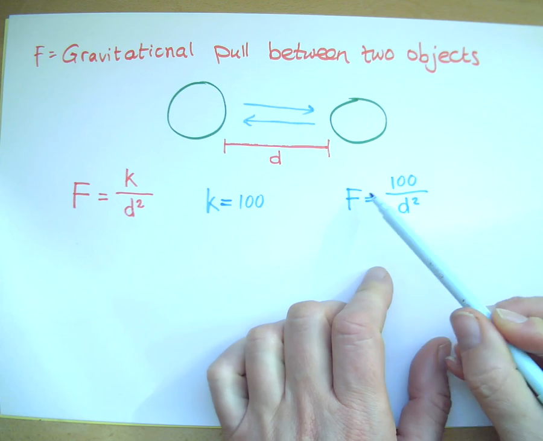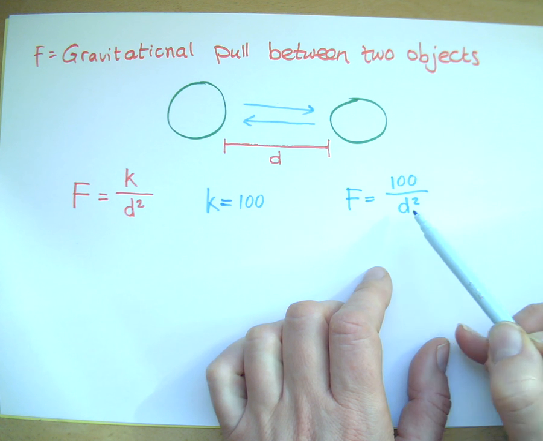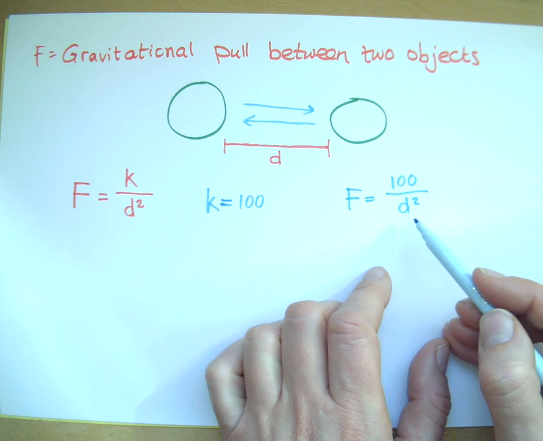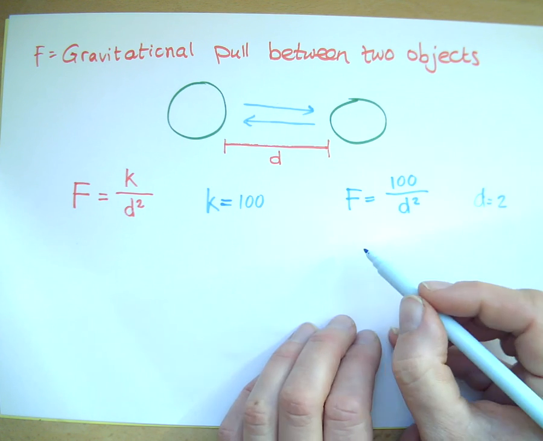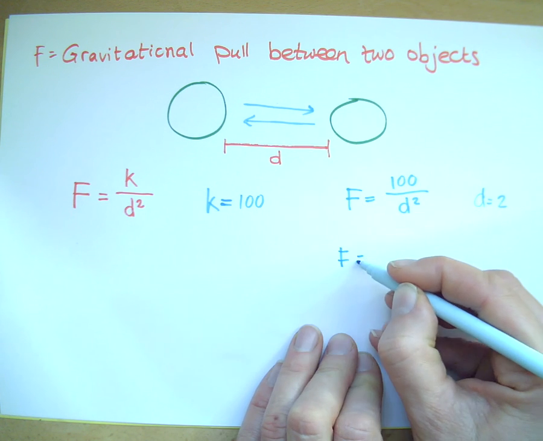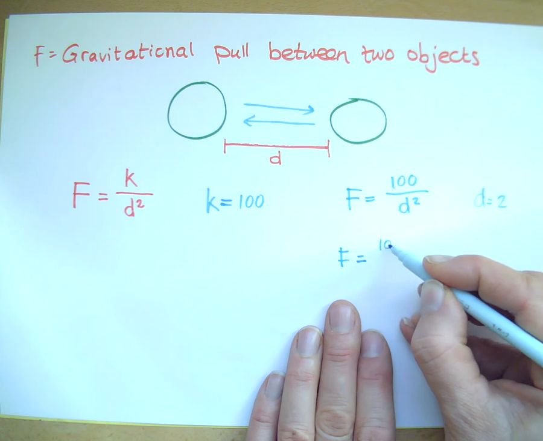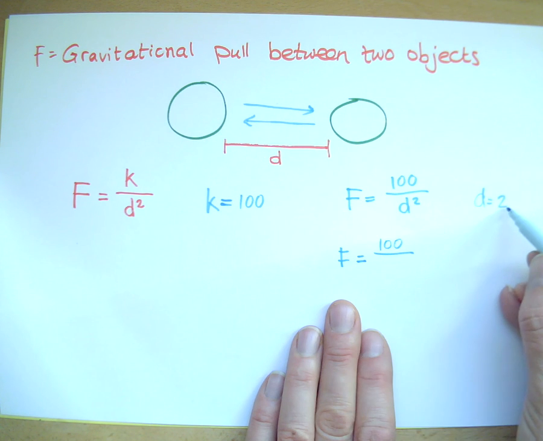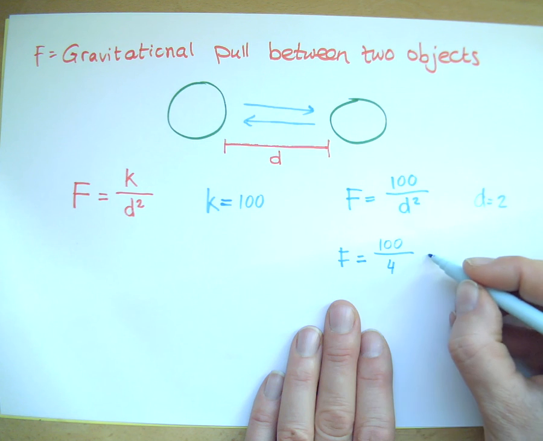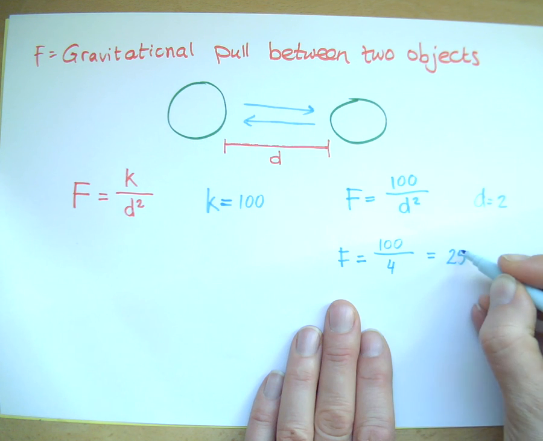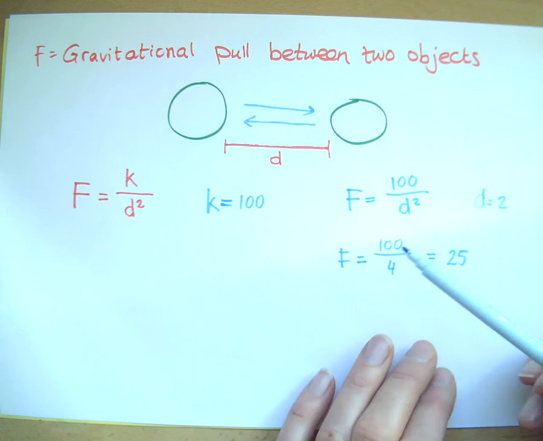The gravitational pull between them is inversely proportional to the distance between them. Let's say there's a distance of 2 meters between them. So distance equals 2. Then the force that pulls them towards each other would be 100 divided by d squared. d is 2. 2 times 2 is 4. So this force would be 25. I'm not going to go into units and stuff. This meters might even be completely off. This 100 might not make any sense.